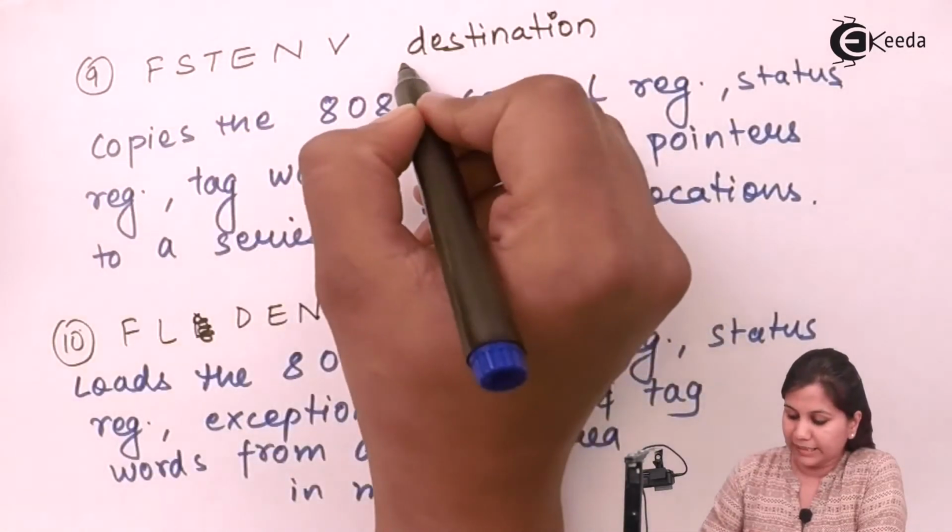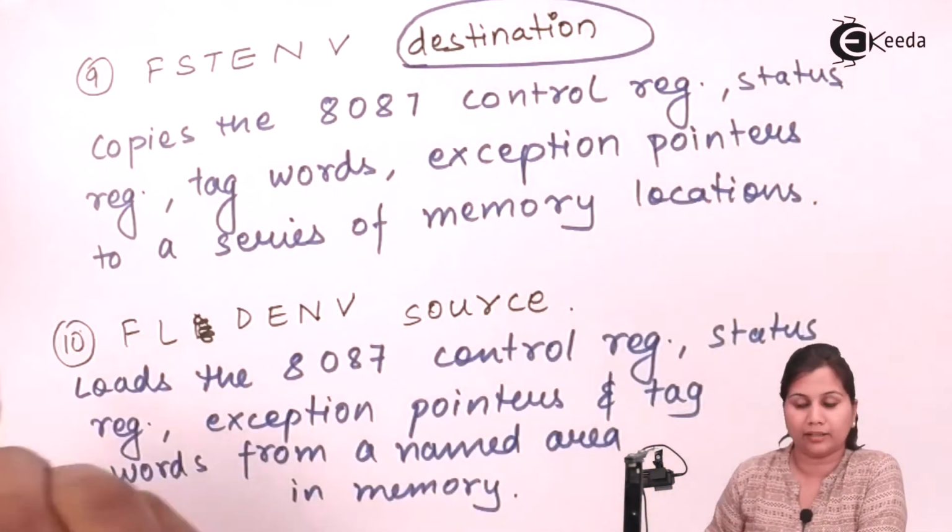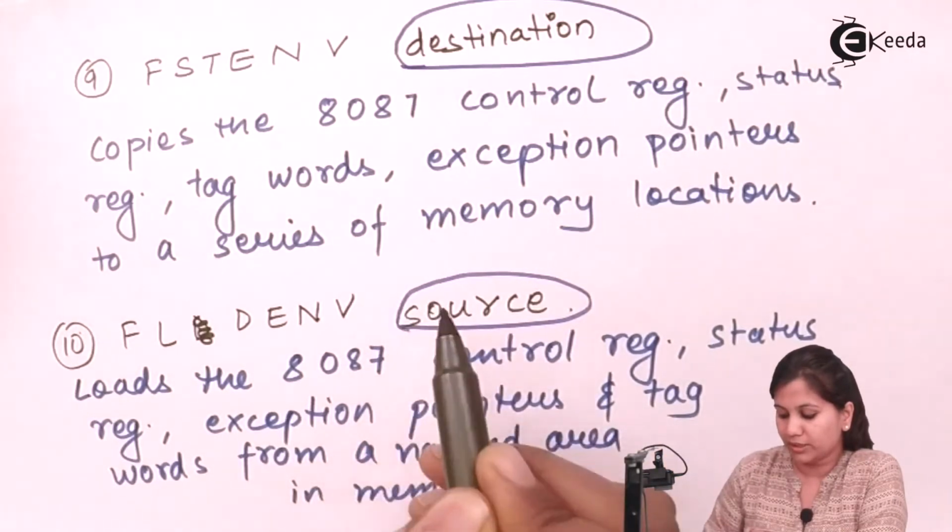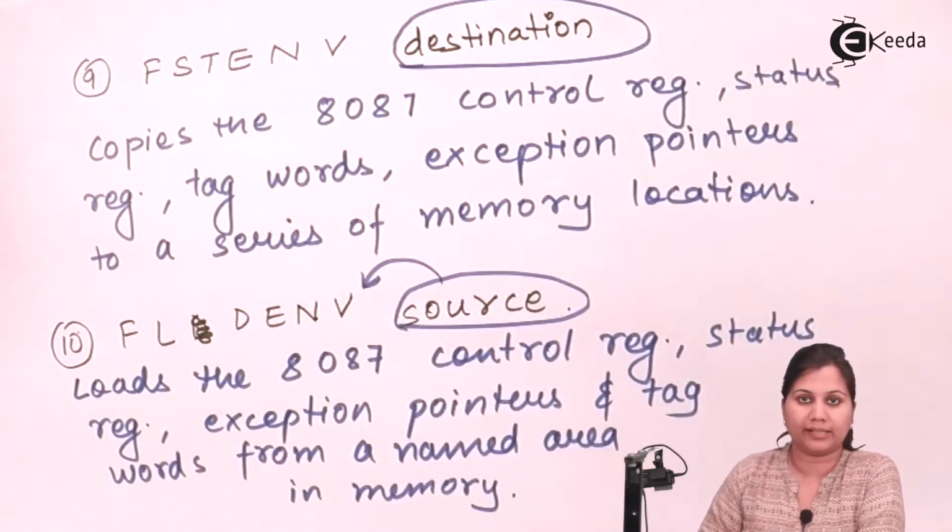So here at the destination data is stored, and here the data from the source is loaded into the 8087.